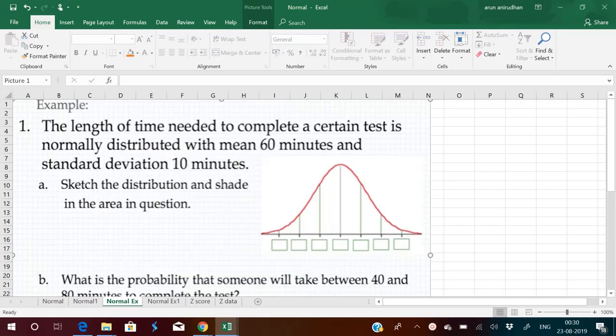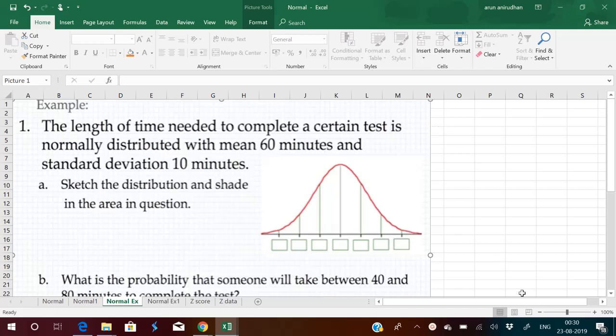Hi. Now we'll do a small exercise and see how we can know more about normal distribution. So here the mean is 60 minutes and standard deviation is 10 minutes. The length of time needed to complete a certain test is normally distributed with mean 60 minutes and standard deviation 10 minutes.